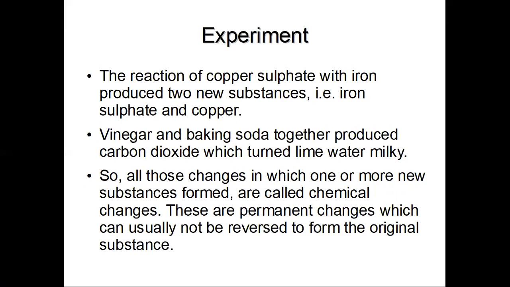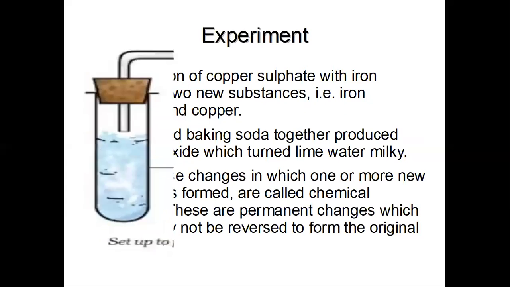Vinegar and baking soda together produce carbon dioxide, which turns lime water milky. So all those changes in which one or more new substances are formed are called chemical changes. These are permanent changes which cannot be reversed to form the original substance.